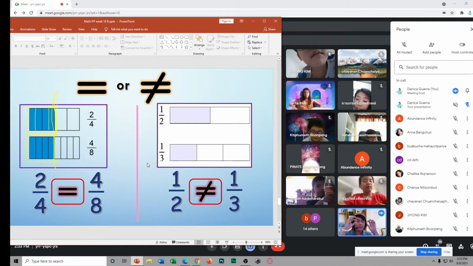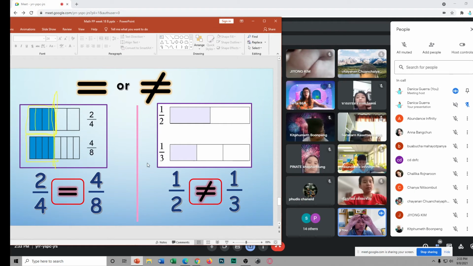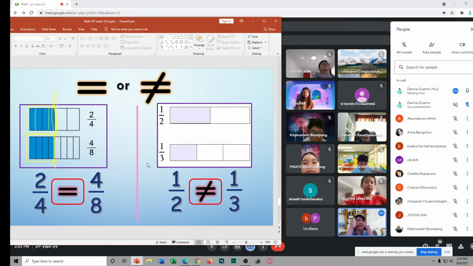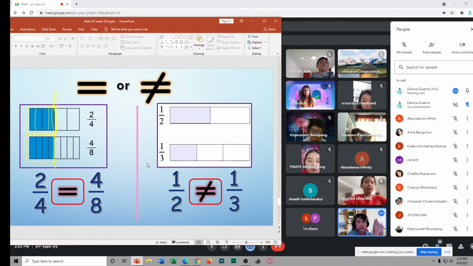For example, Kit Pumet's chocolate has small boxes, and Natakit's chocolate has bigger boxes. I cut Kit Pumet's into 2 centimeter, and for Natakit, I also cut it into 2 centimeter. Are they equal or not?